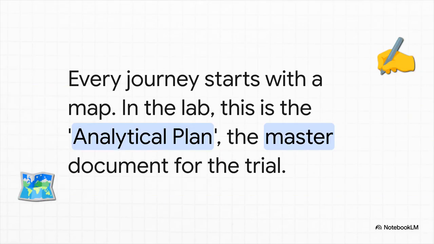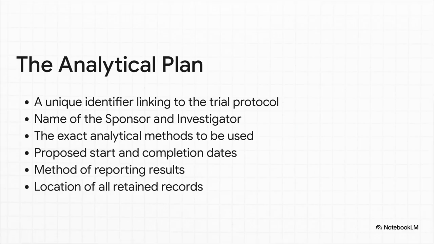So this entire journey actually begins way before a sample is even collected. Nothing, and I mean nothing, in a GCLP lab is left to chance. Before any work gets started, there's this incredibly detailed map called the analytical plan. You can think of it as the master document, the absolute Bible for the lab's part in the trial. And when I say detailed, I'm not kidding.